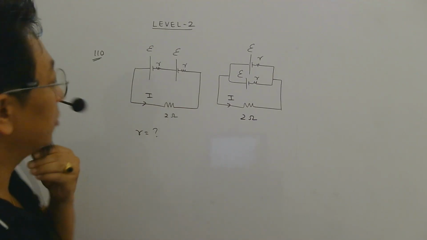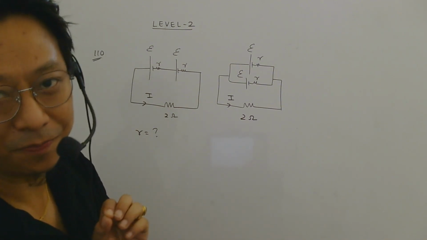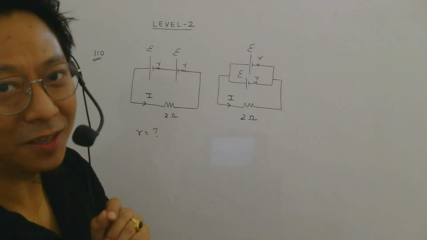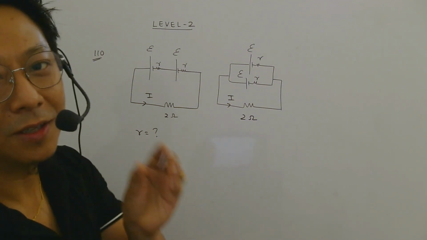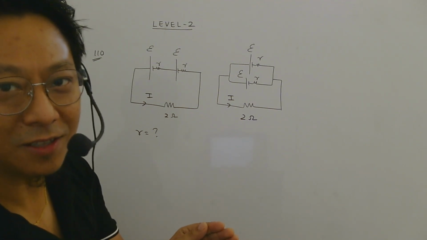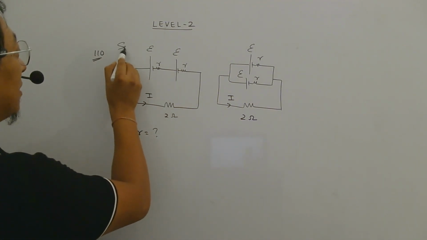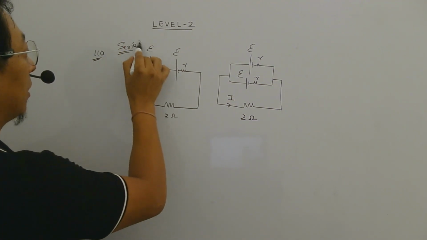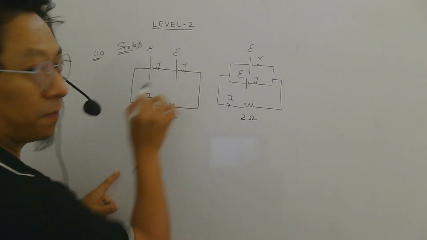Now in question number 110, they have given two identical cells. Now you know that every cell has two things, EMF and internal resistance. So if the cells are identical, it means the EMFs and internal resistances are the same. First they connected the cells in series, and when they connected external resistance 2 ohm, some current is flowing.